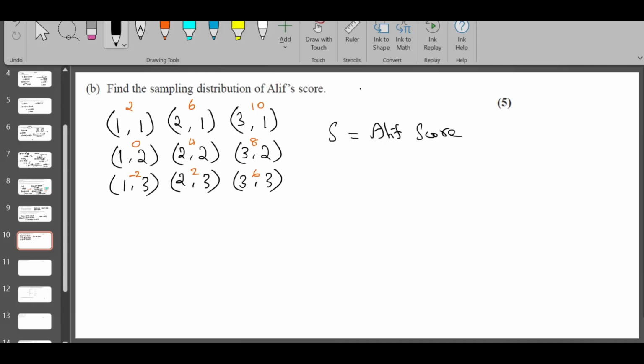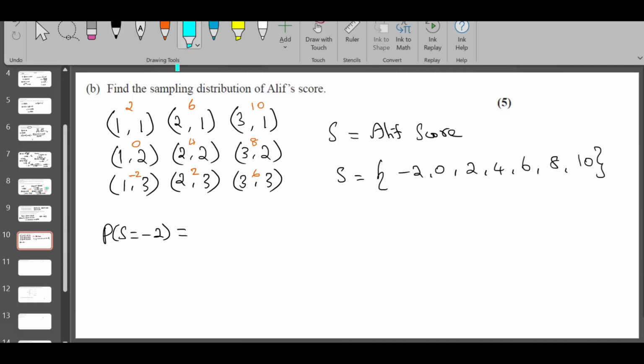Then write the possible combinations, and then what are the values S takes? Minus 2, 0, 2, 4, 6, 8, 10. You need to find the corresponding probabilities one by one now. P of S is equal to minus 2. We got minus 2 from here, right? So we need to take the probabilities. Let me put the probabilities here for reference.